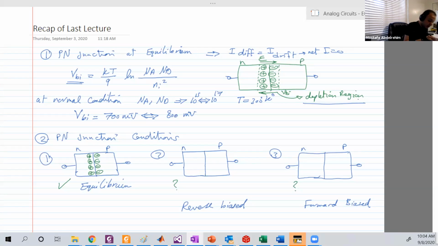As you see from this equation, VBI is just a characteristic of the doping and the material, and of course the temperature. We showed that VBI is between 700 millivolts and 800 millivolts.